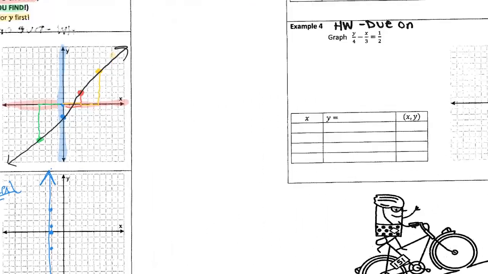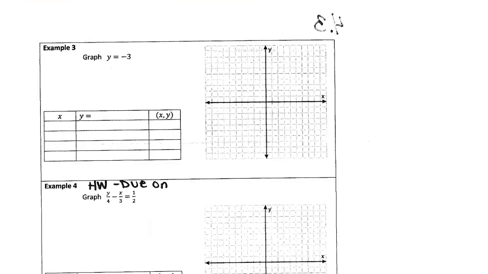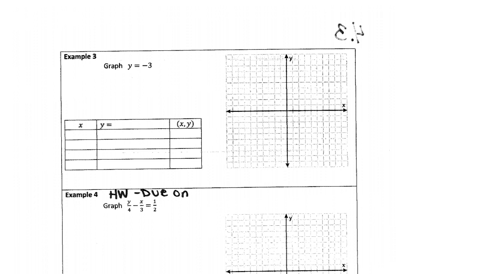Looking at the next screen. Now this one's y equals, so that means our y value is always going to be -3. Since there are no x's, we can pick random ones like 0, 3, 7, -4. When x is 0 and y is -3, there's the first point.